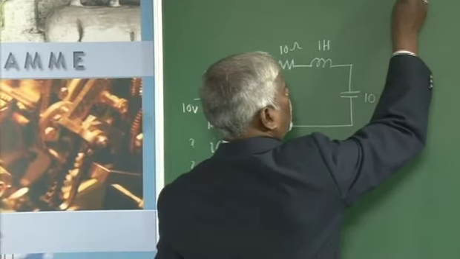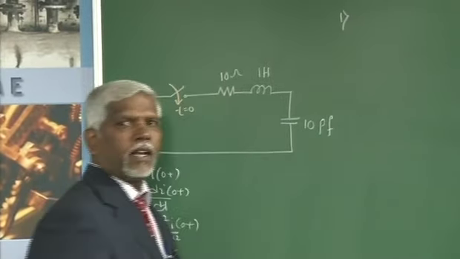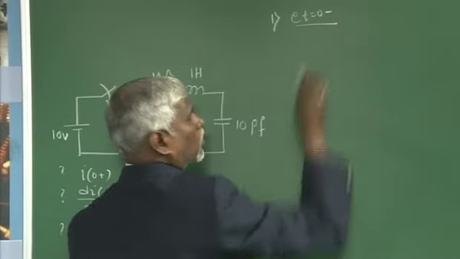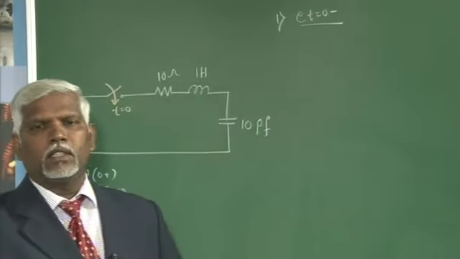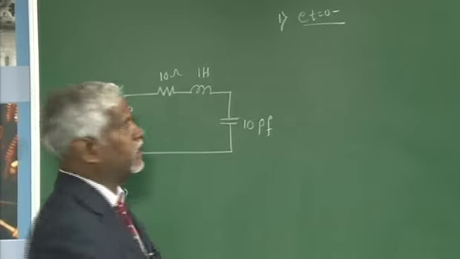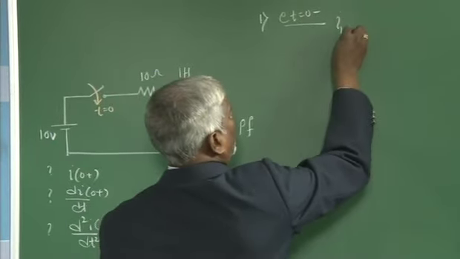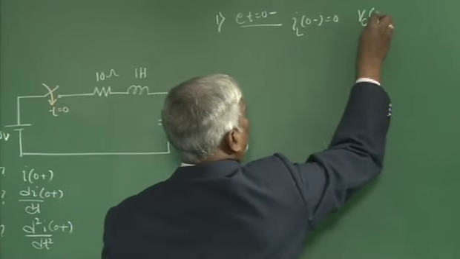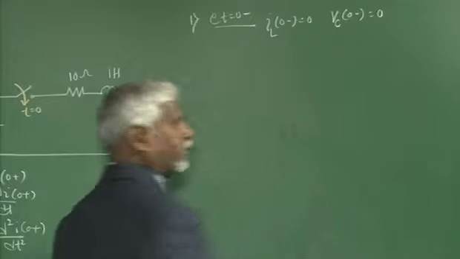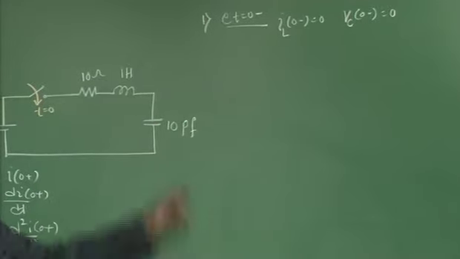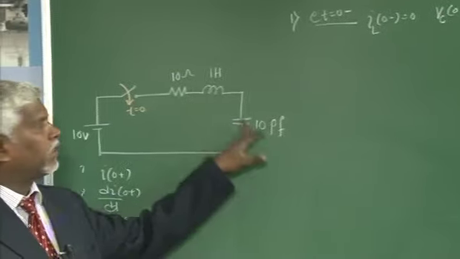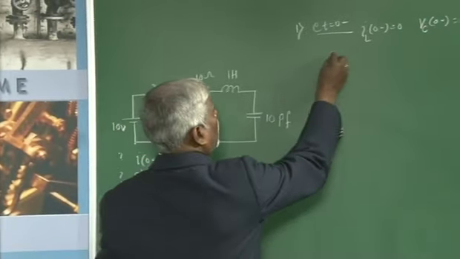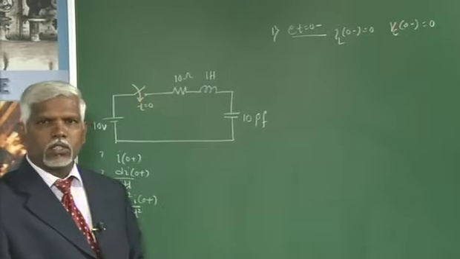First, history of the network at t equal to 0 minus: the switch is open, the current through the inductor is 0. I can write that as IL at 0 minus is 0. The voltage across the capacitor at 0 minus is also 0. So, both are zeros, it is relaxed, no charge, there is no current flow.